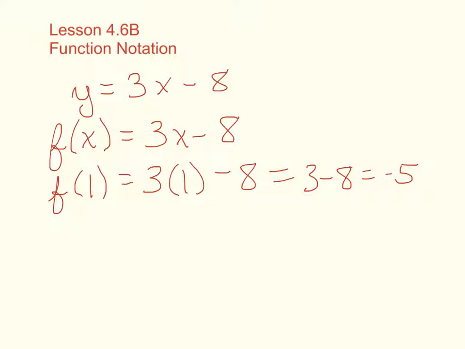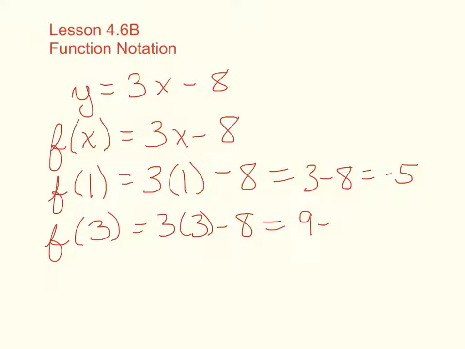Okay? So we could say find f of 3. So 3 times 3 minus 8, that would be 9 minus 8, which is equal to 1. So function notation is not something really new or different. It's simply a different way of expressing what we've been doing already.